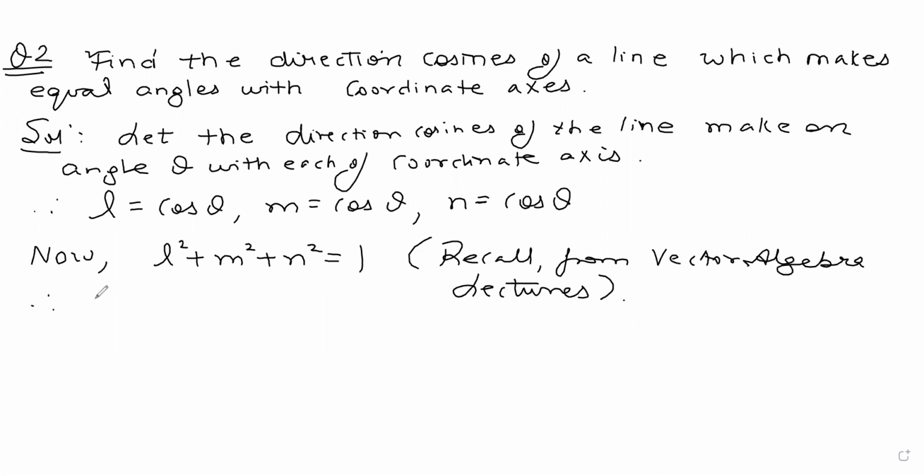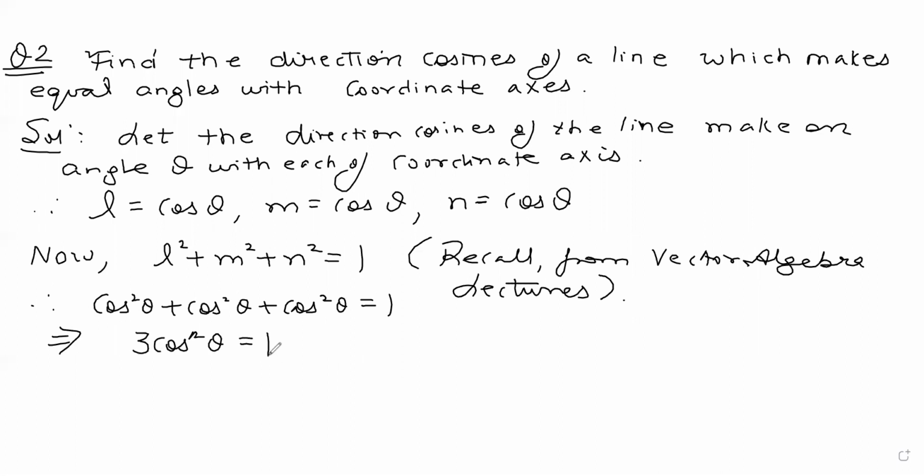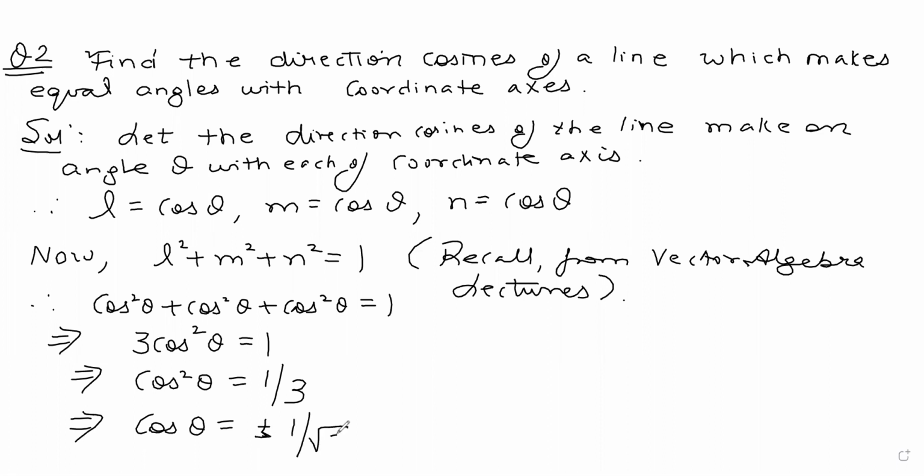So I can say therefore cos square theta plus cos square theta plus cos square theta is equal to 1, which implies 3 times cos square theta is equal to 1, which implies cos square theta is 1 upon 3, and this implies my cos theta will be plus minus 1 upon root 3.